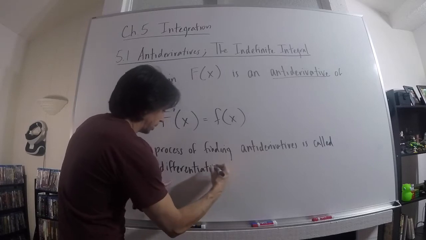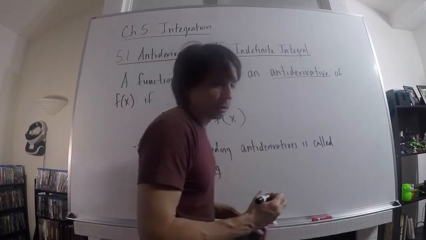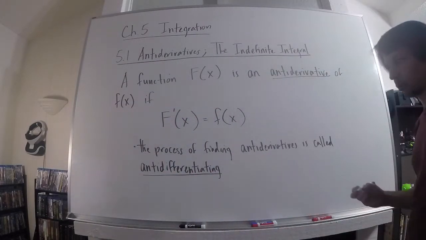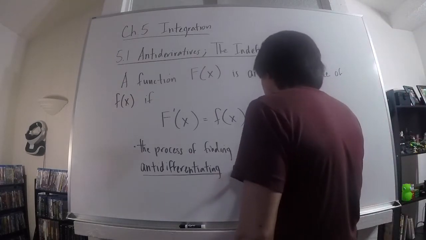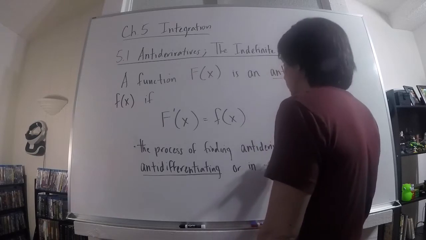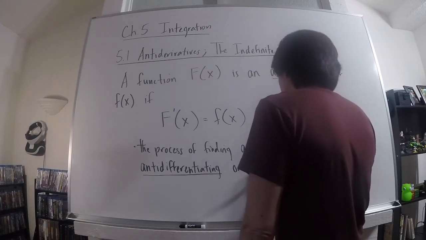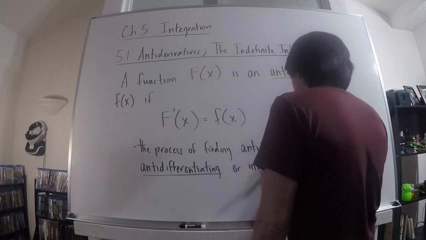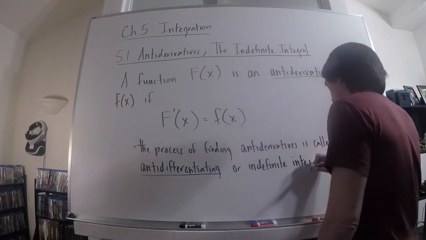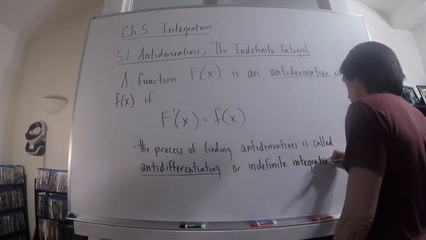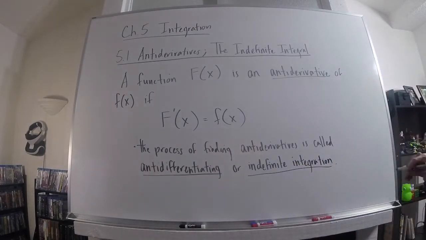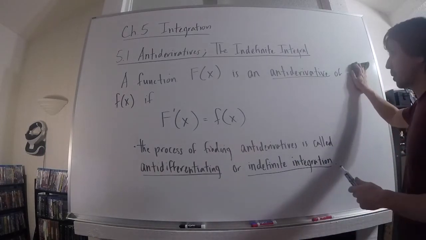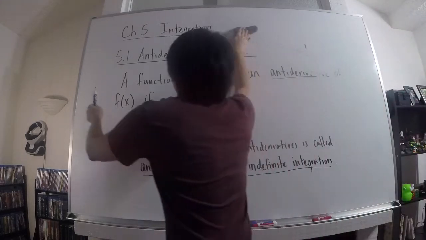I'll be honest with you, I've never heard that term before, but once I see it, I can infer what it means. The more common term is integration, specifically indefinite integration. So that's a more common thing, is to refer to this process as integration. Okay. I wrote that too big, so I don't have space.